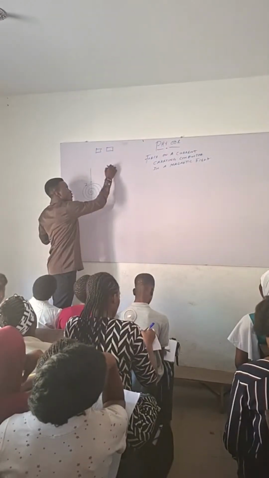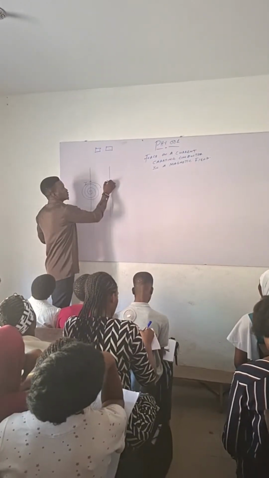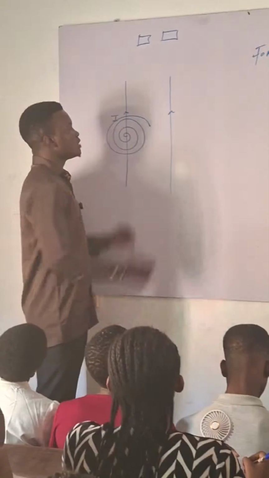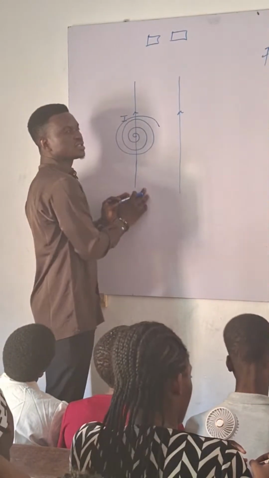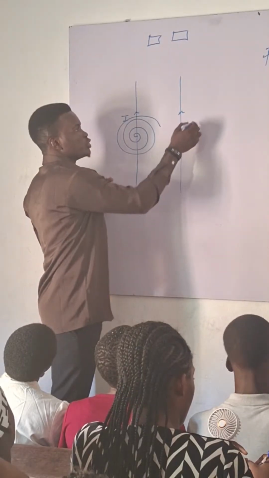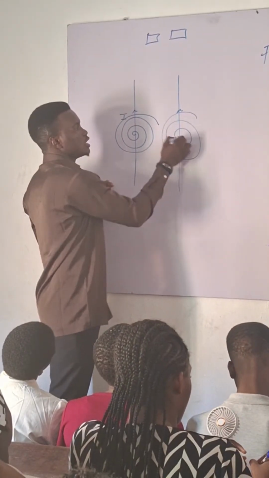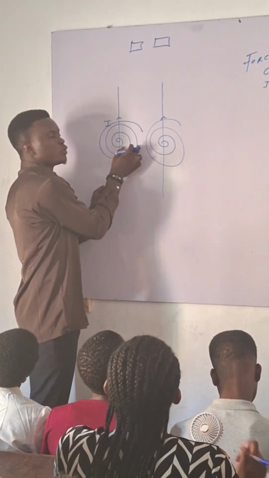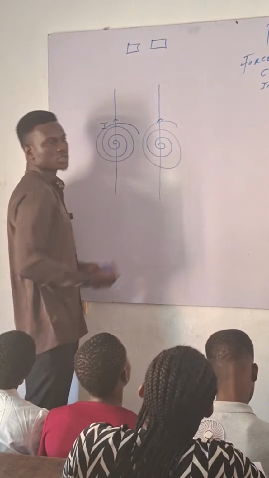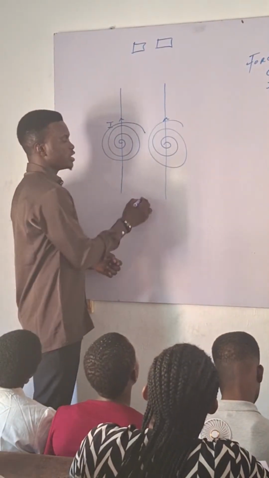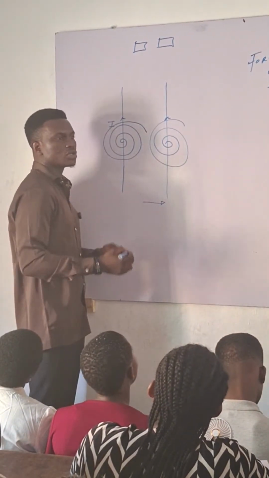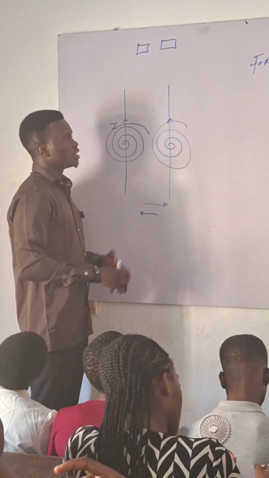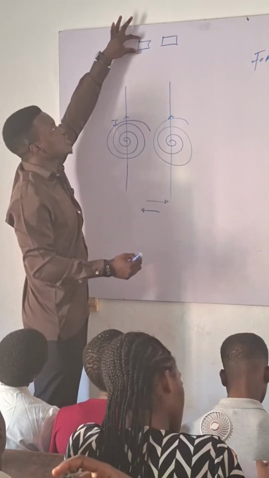I'm bringing another wire. Current is also flowing in this wire. You remember, this one has produced a magnetic field. This one will also produce a magnetic field. And at the end of the day, the field produced by this one and the field produced by this one, there will be an interaction. Either a repulsive interaction or an attractive interaction.